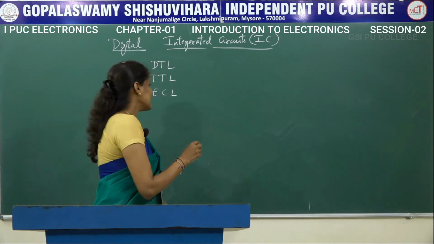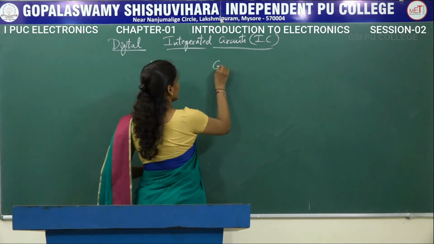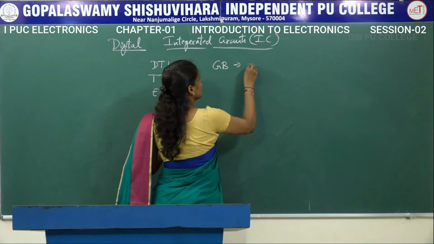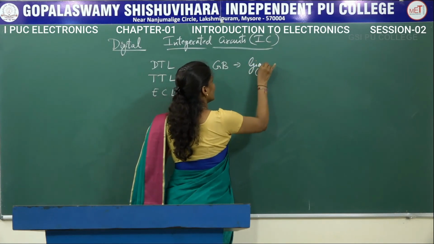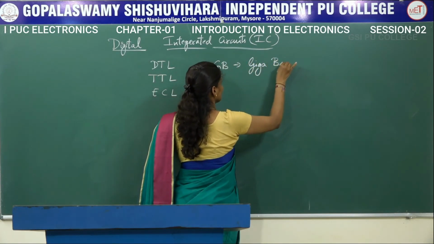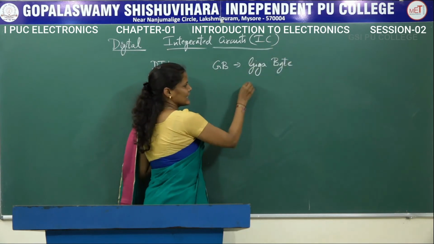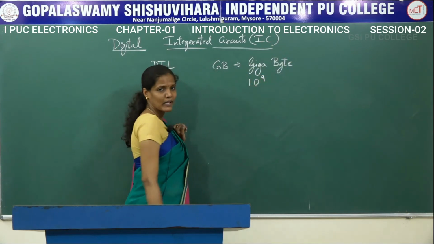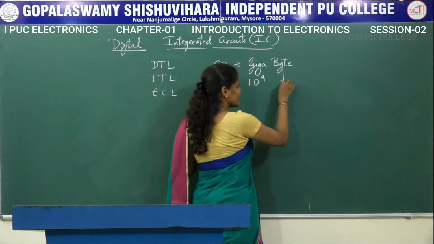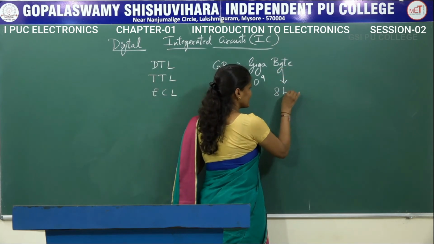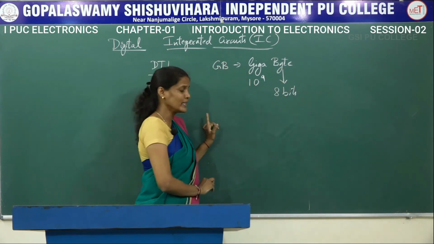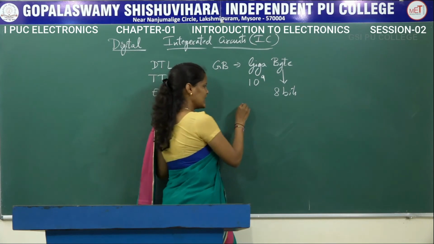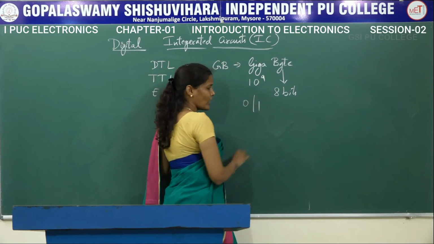GB stands for gigabyte. Giga is nothing but 10 to the power of 9. Byte means 8 bits will be equal to 1 byte. Bits can either be 0 or 1.